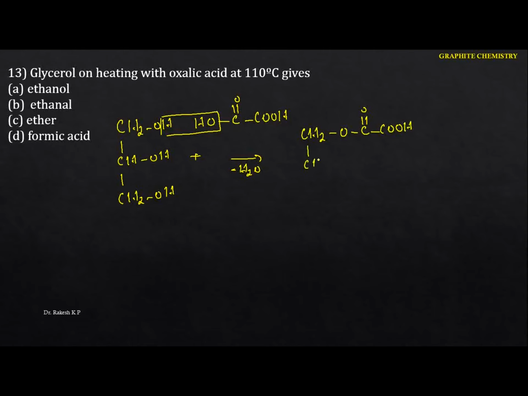And here it is the CH, this is the OH, and here it is the CH2OH. Now whenever we have this particular intermediate, at high temperature it eliminates carbon dioxide, and here we are going to get glycerol monoformate. That means this comes out. And what remains is CH2, O, C double bond OH.